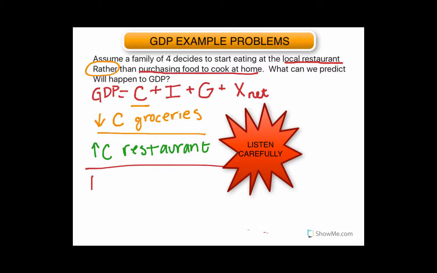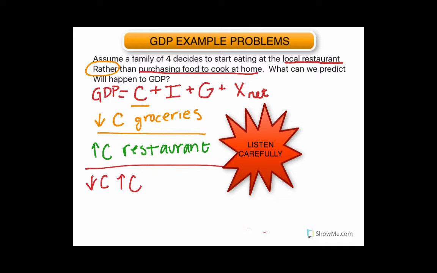We had a decrease in consumption because we stopped buying groceries, and then we had an increase in consumption because we started buying food at a restaurant. So what happens overall? Well, the most important thing to realize is that at a restaurant you're receiving 2 things. You're receiving the good, your food, and you're receiving the service that this restaurant is making and prepping your food.